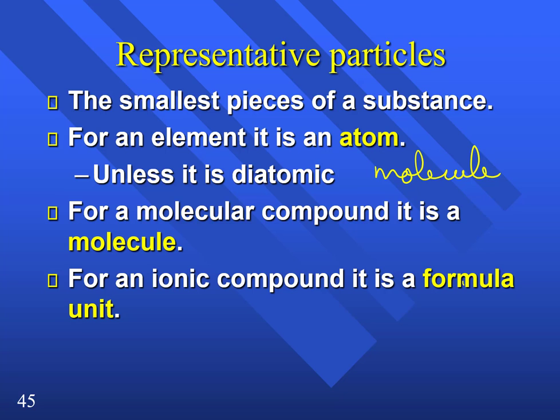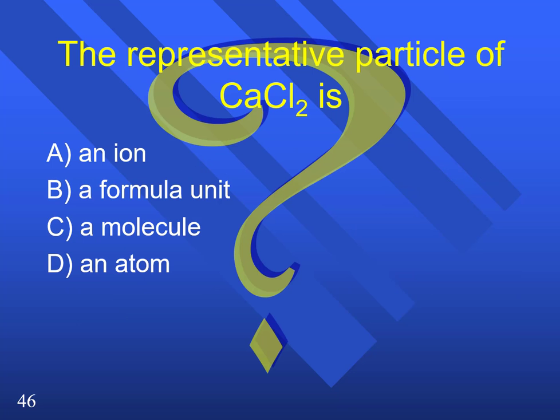So let's do a few of these to make sure we can decide which one it is. So representative particle of CaCl2 is, okay, what kind of piece does CaCl2? Well, is it an element?